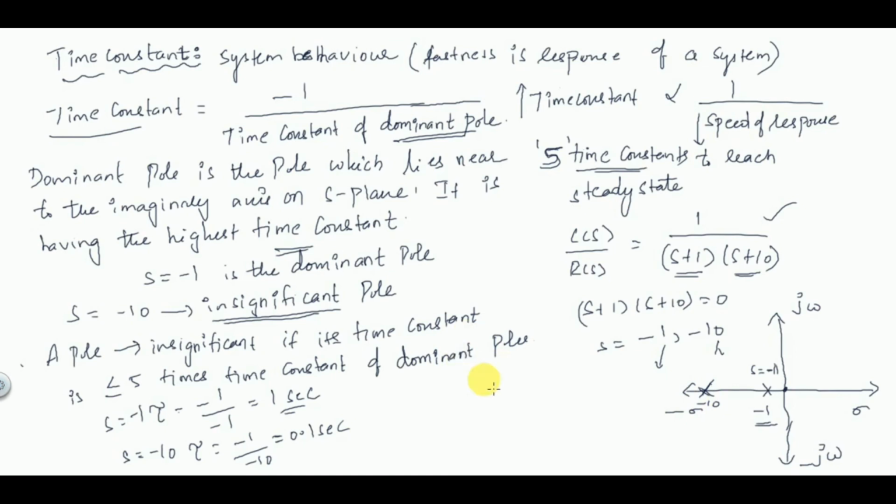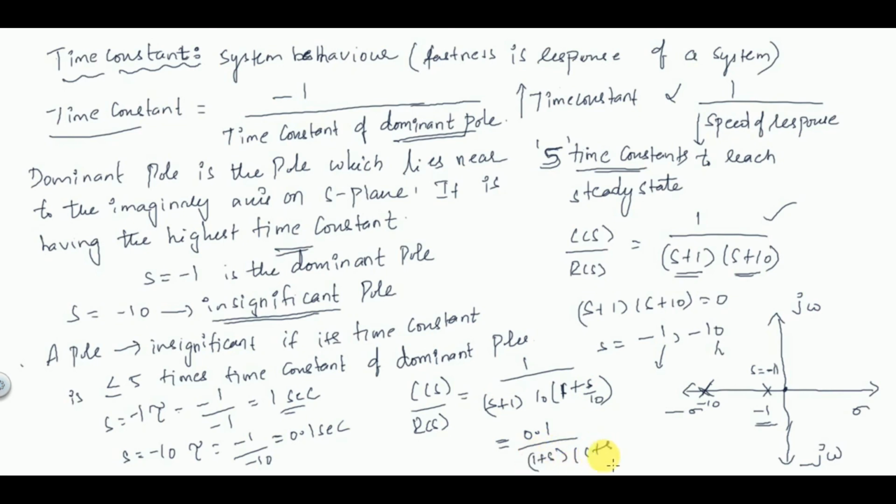So the final transfer function we can write like this: 1 by (S plus 1) into (S plus 10), taking 10 common, S 1 plus S by 10, so 0.1 divided by (1 plus S) into (1 plus S by 10).